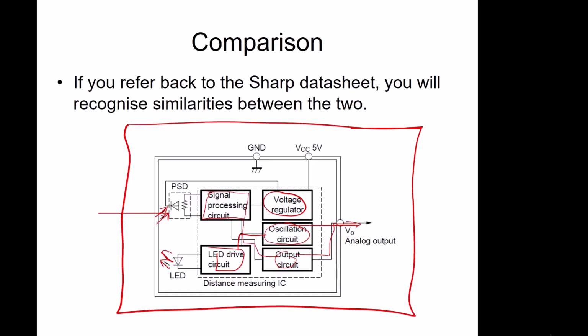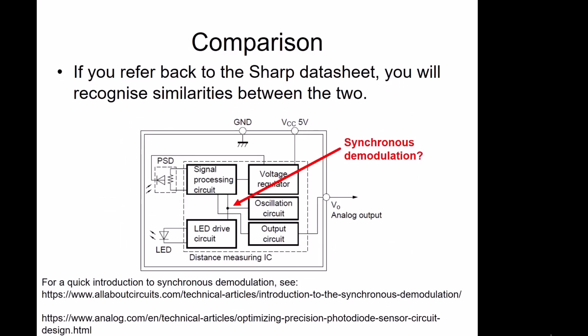There is, however, one notable difference, and it is this point in the circuit. If you see this, the oscillation circuit is being fed to drive the LED, but it is also going into the detection side of the circuit.